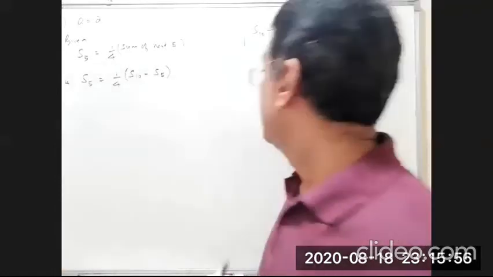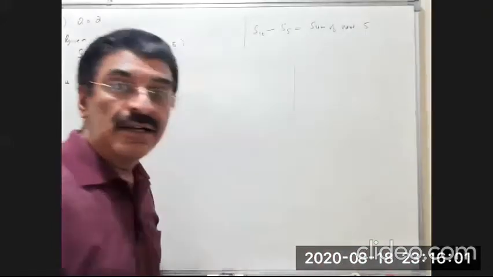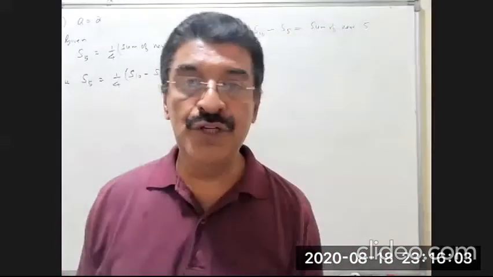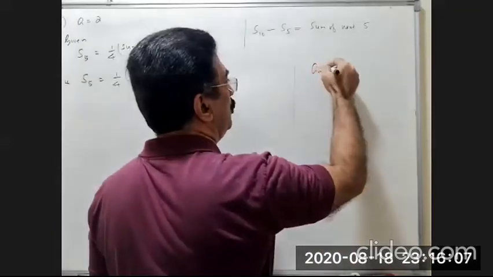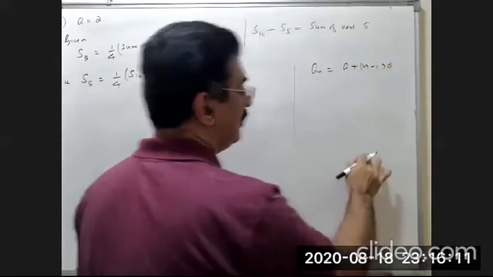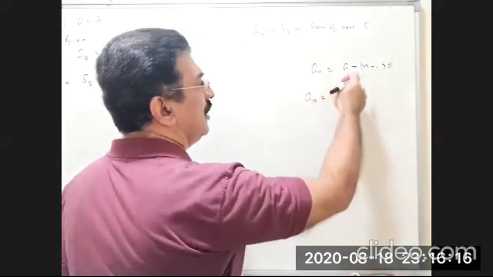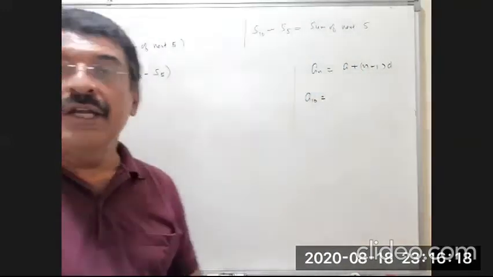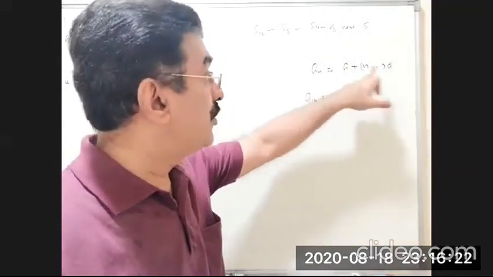Another thing: we know that An is A plus N minus 1 into D. Last year, for A10 we wrote A plus 10 minus 1 into D. This year, don't waste time writing A plus 10 minus 1.